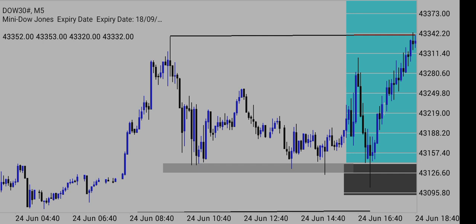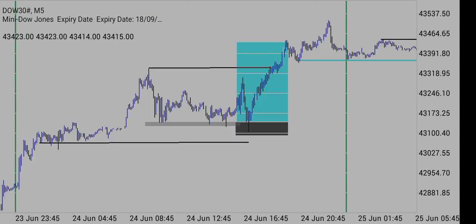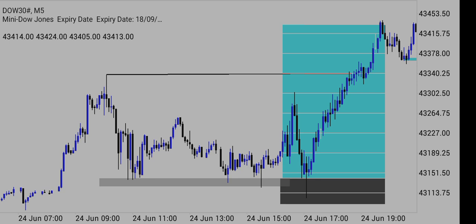And if the liquidity is very low, the movement will be very slow. So understand these things, that you are not here for retail stuff. I'm not showing you retail stuff.